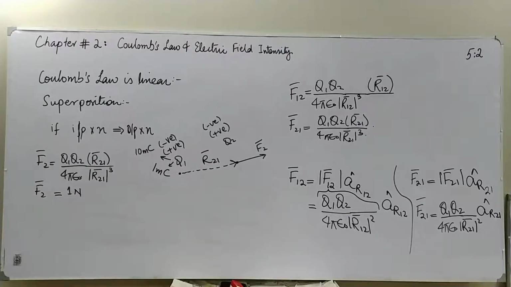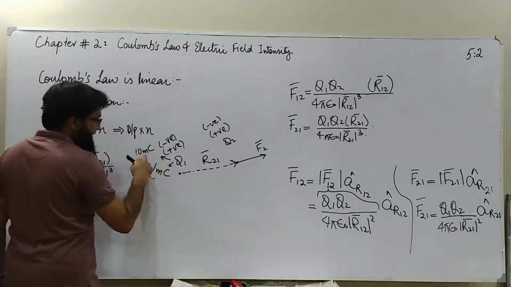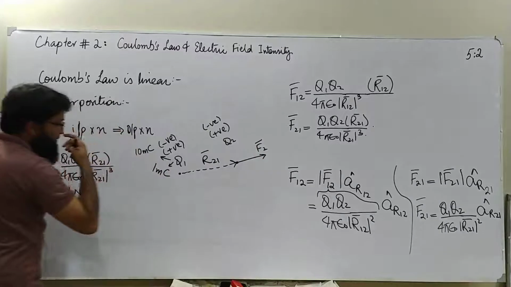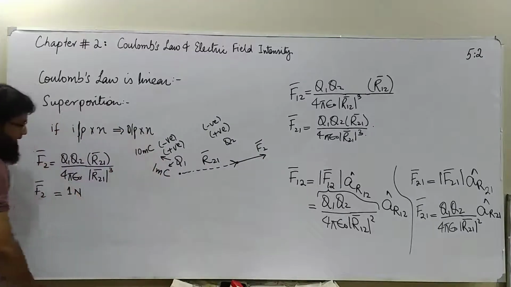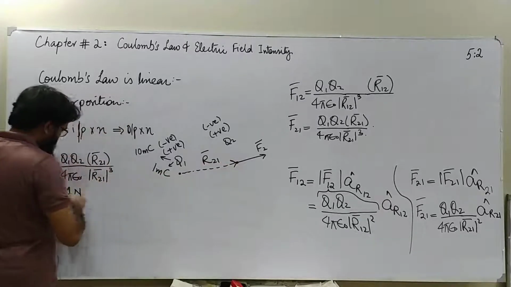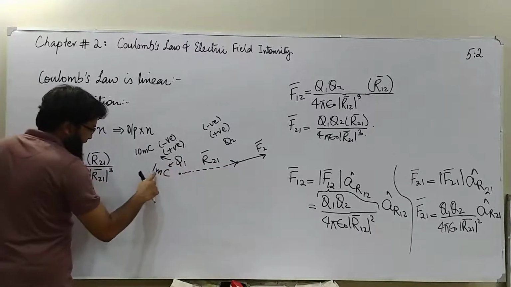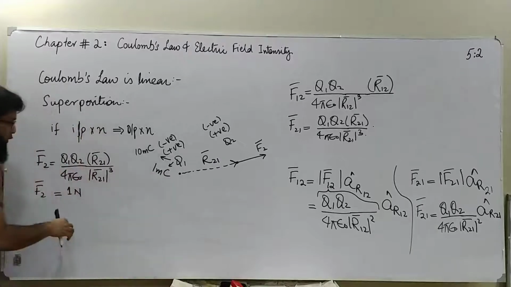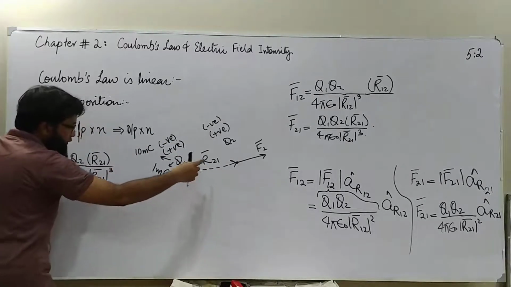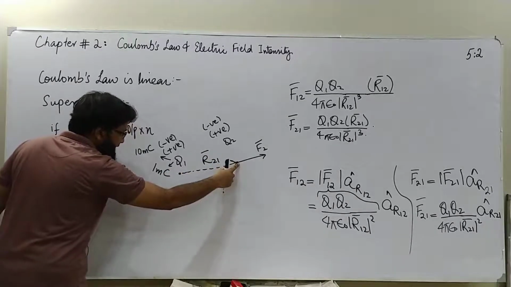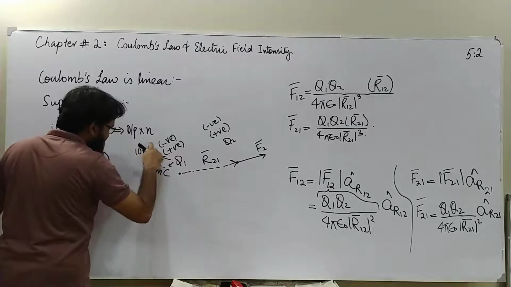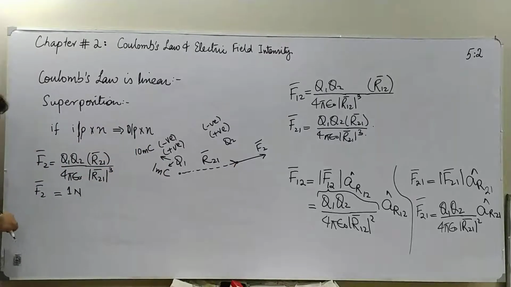So if the source is multiplied by 10, then its effect, which is the force on charge Q2, should be multiplied by 10. So if I had known that the force on 2 is 1 Newton when the charge Q1 is 1 millicoulomb, then I don't need to recalculate everything in order to find the force on charge Q2 with respect to the charge Q1, which is now 10 times the previous case.